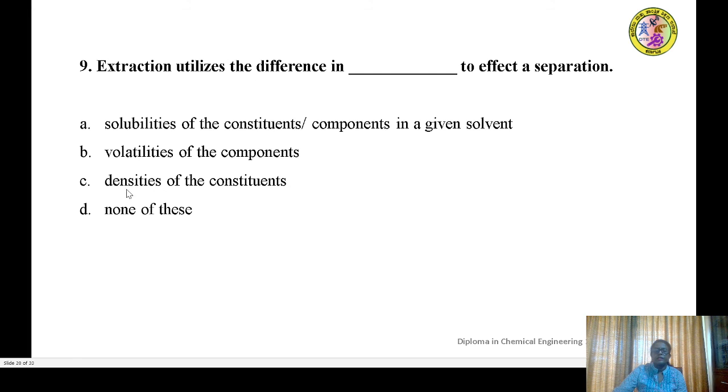Is it the volatility, or the physical property like density, or the solubility of the components in a solvent? As per our basic definition, extraction is that operation which uses the difference in solubilities of the components in a suitable immiscible solvent. So option A is the right answer for this question.